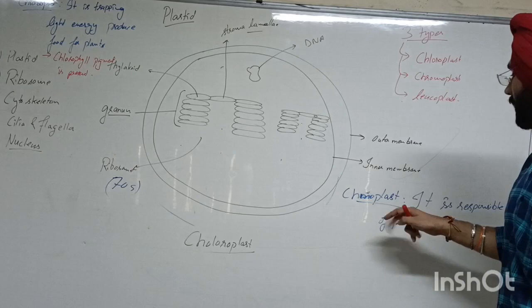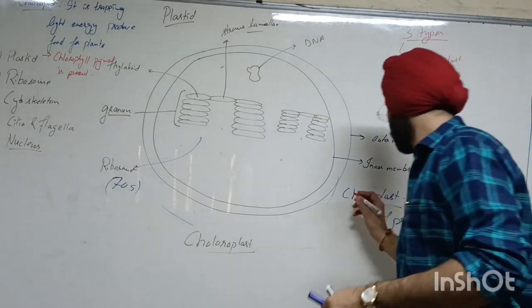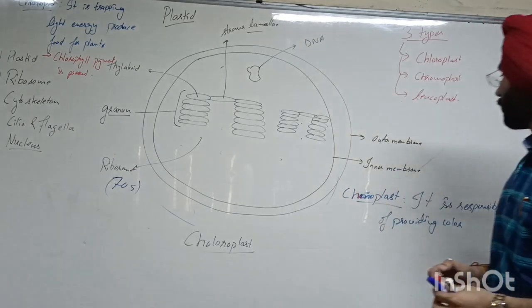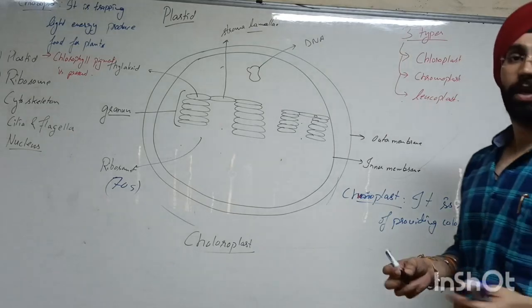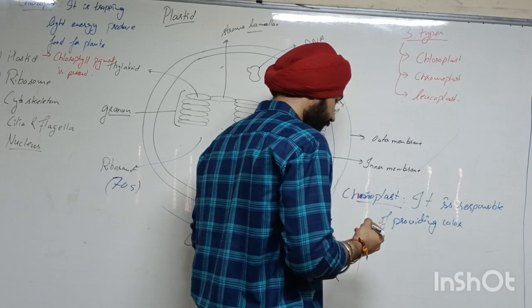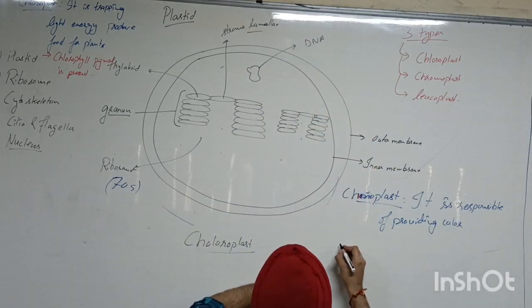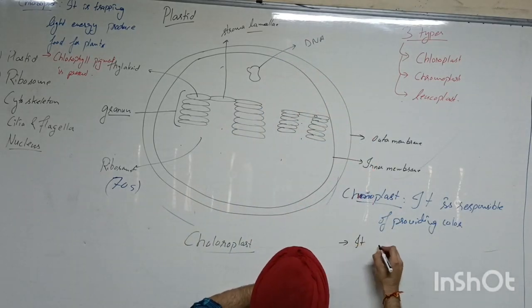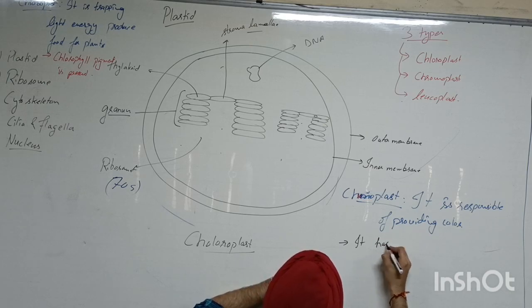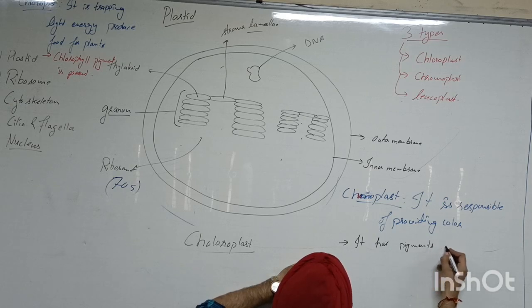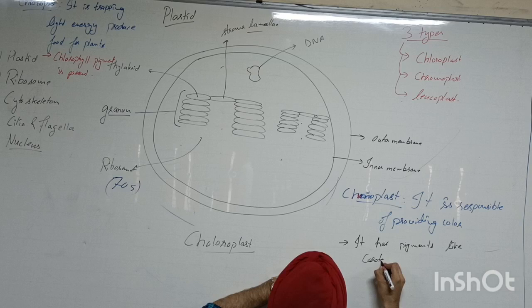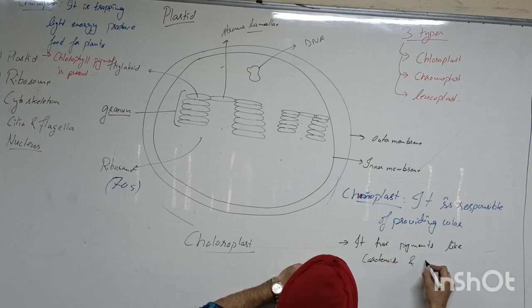Again the chromoplast, it is responsible for providing color to the plant or the part of the plant. Because it provides colors, it has pigments like carotenoids and xanthophyll.